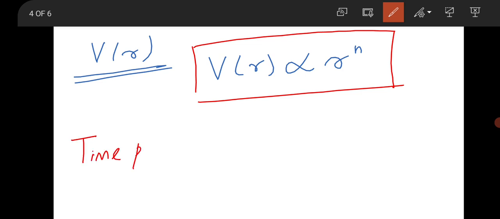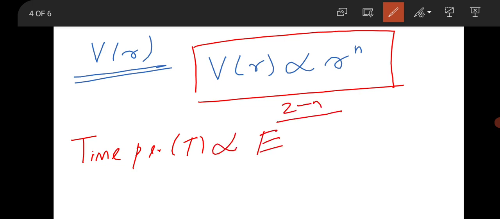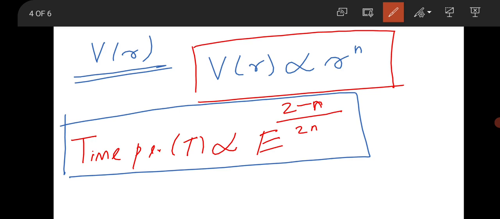The time period T will be proportional to energy to the power (2 minus n) by 2n. This is very much important, please note it. If the potential is proportional to r to the power n, then the time period T will be proportional to energy to the power (2 minus n) by 2n.